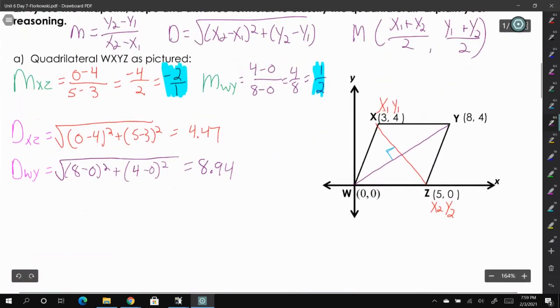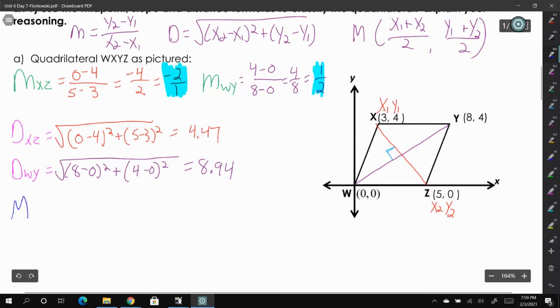So now we're going to do the midpoint of each diagonal. Okay. So the midpoint of, let me use a different color, dark blue.